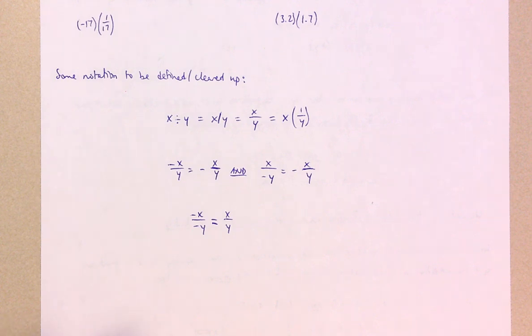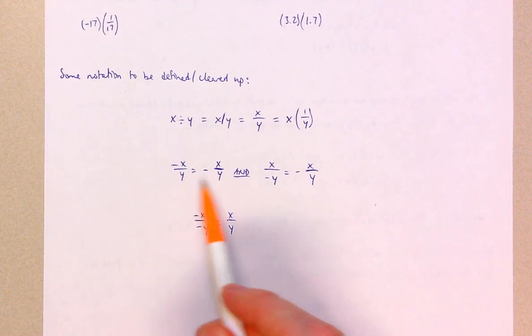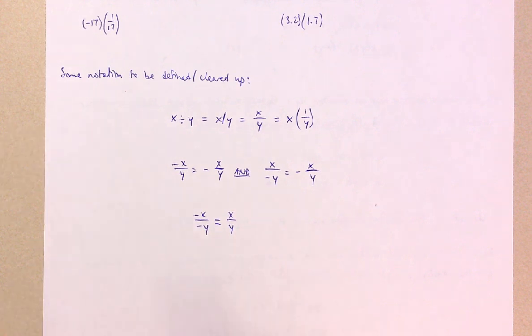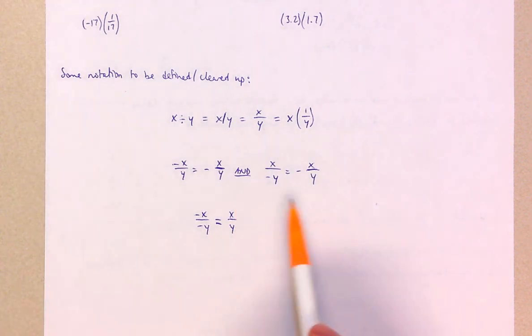Now, division of numbers where you have maybe both negative or one negative and one positive. If the top number is negative, then that minus sign goes out front. So minus x over y is minus x over y. Or if the negative number is on just the bottom, then that minus sign goes out front.